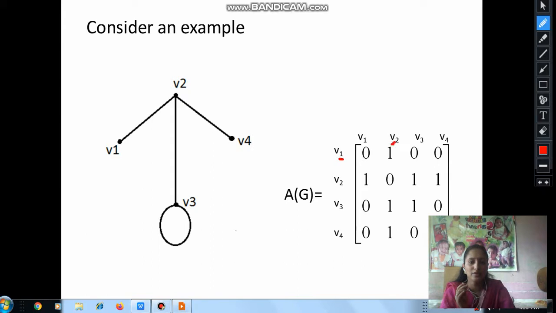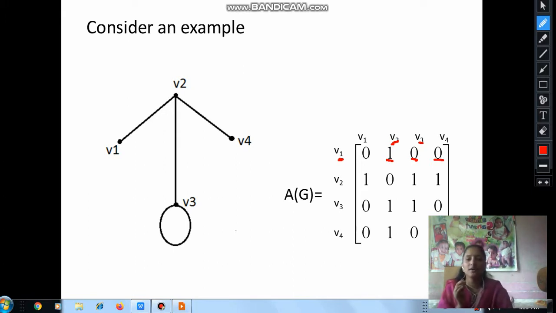There is an edge between V1 and V2. Therefore we write here 1. Now consider V1 to V3. There is no edge between V1 and V3. So here 0. And there is no edge between V1 and V4. So therefore we write here 0. Understand our first row?